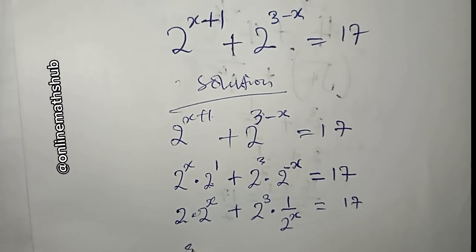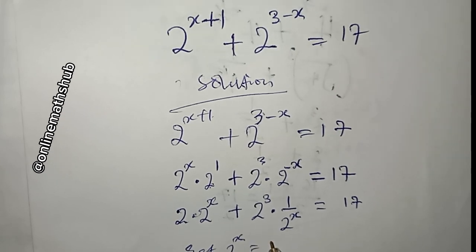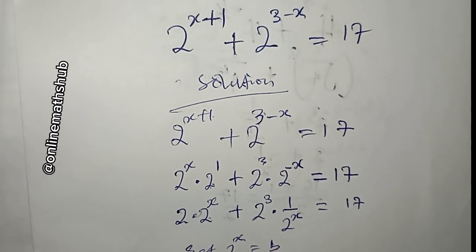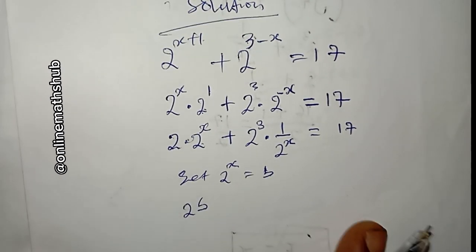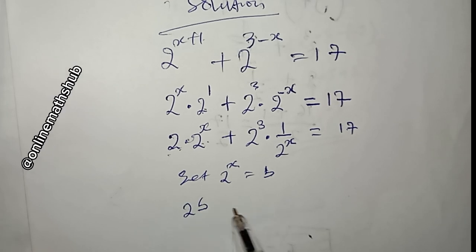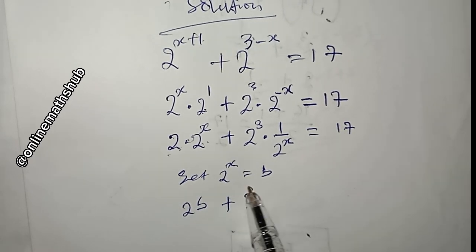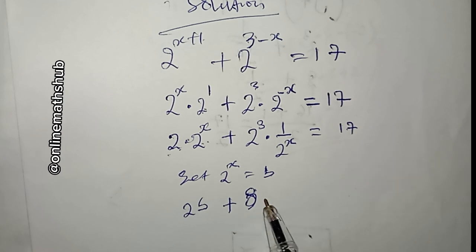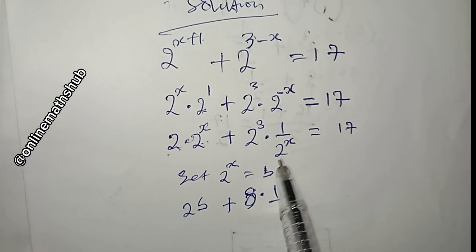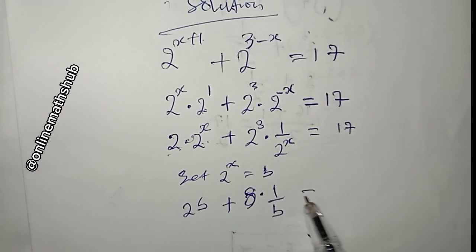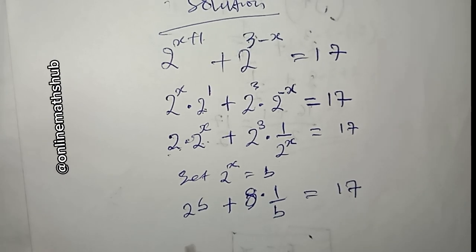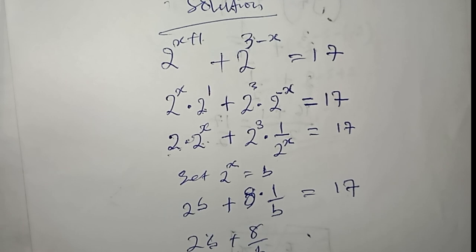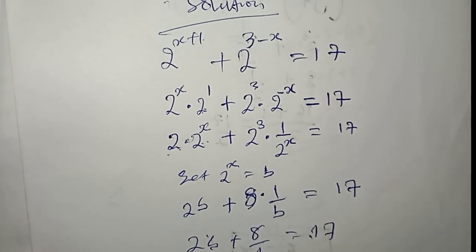To make the work easier, I'm going to set 2 power x to be equal to b, so that this is 2 times b, which is 2b, and then plus 2 power 3, which is 8, multiplied by 1 over 2 power x. We set that to be b, so it's equal to 17.